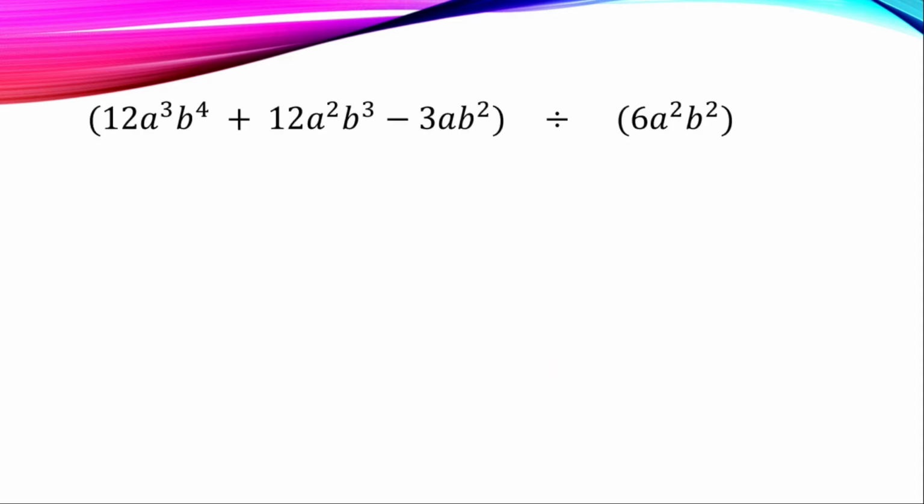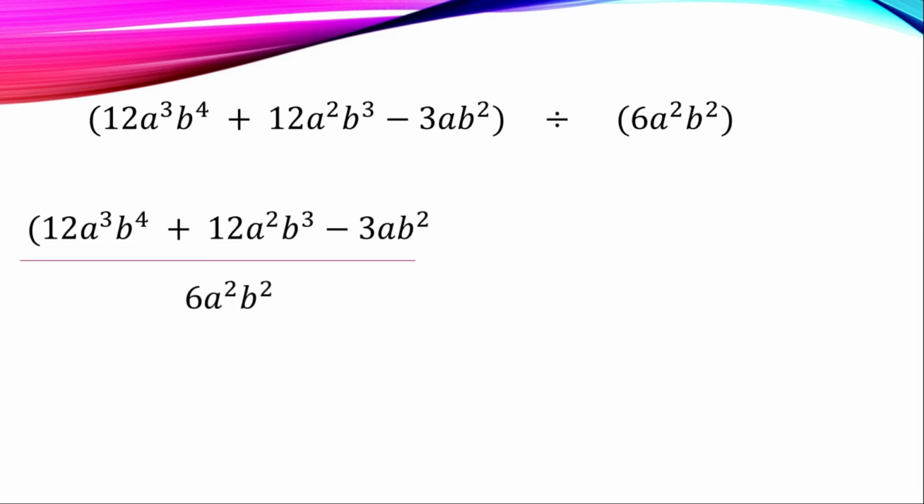So let's have the next example. We have the quantity 12a cubed b raised to 4 plus 12a squared b cubed minus 3ab squared divided by the quantity 6a squared b squared. So again, copy the first term and proceed with the division.